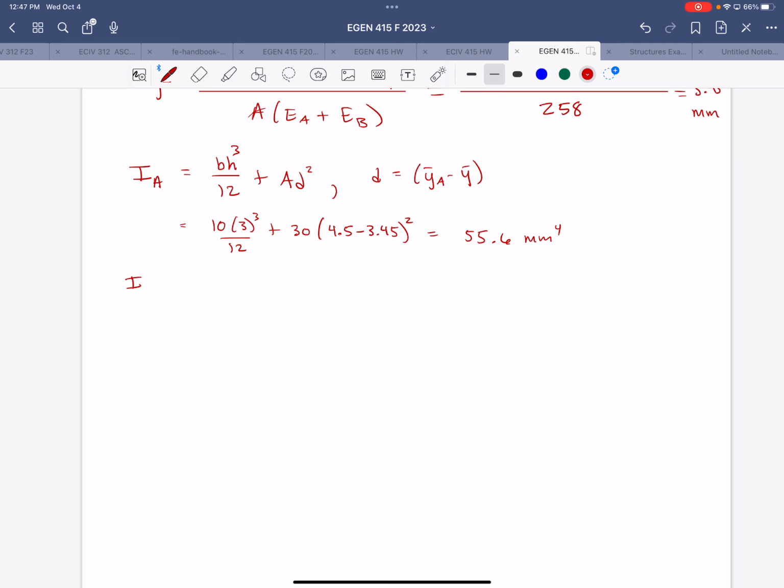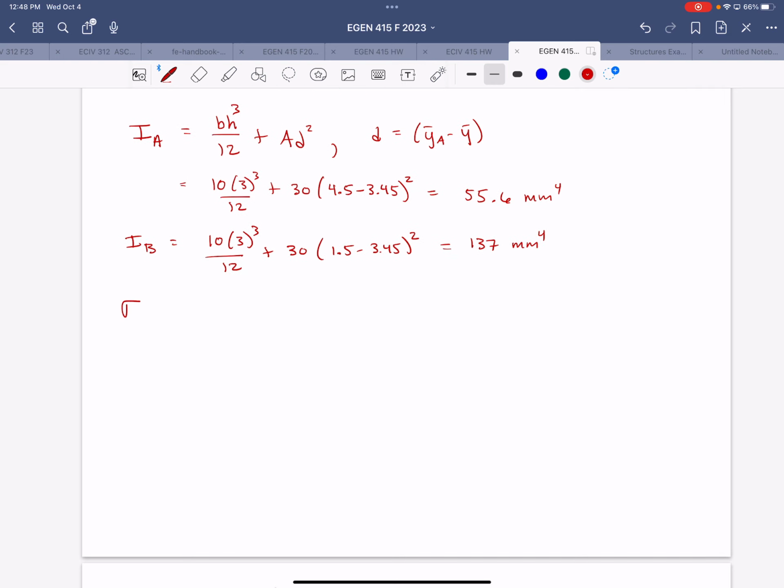And then similar for IB, we'll have 10 times 3 cubed over 12 plus 30 times 1.5 minus 3.45 quantity squared. So 137 millimeters to the fourth.